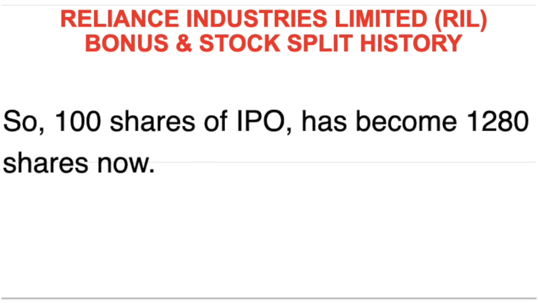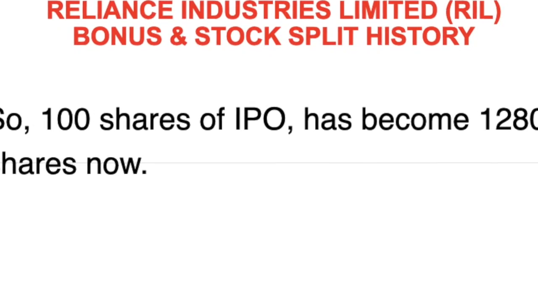So somebody holding 100 shares at the IPO, today it has become 1,280 shares. Now an investor like me and you who has invested in Reliance, what is the profit he has accrued as of today? Let me tell you the calculations.